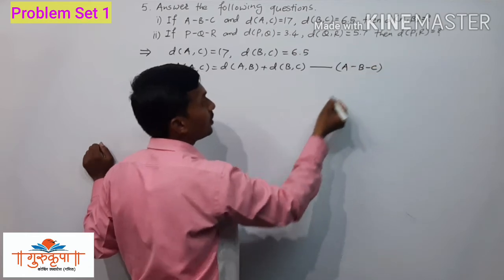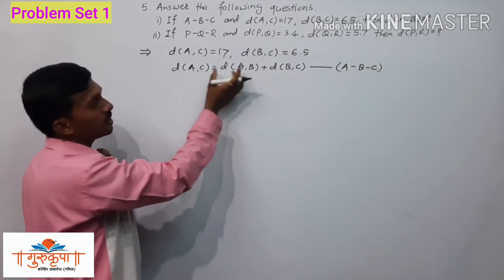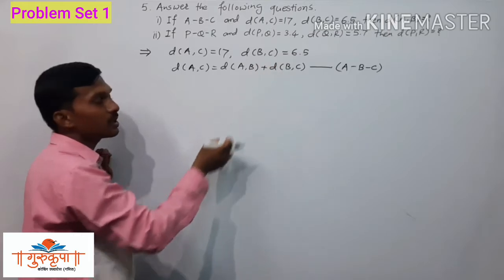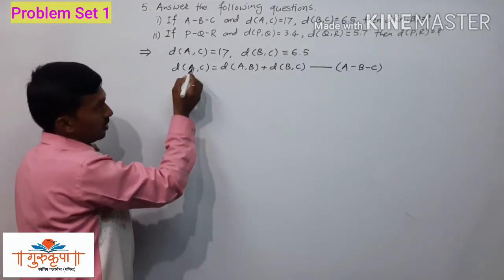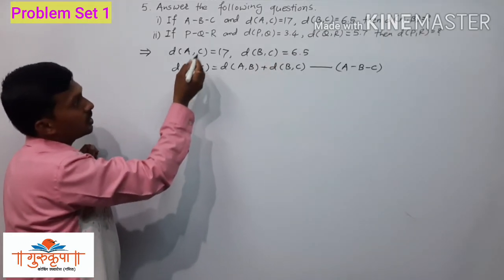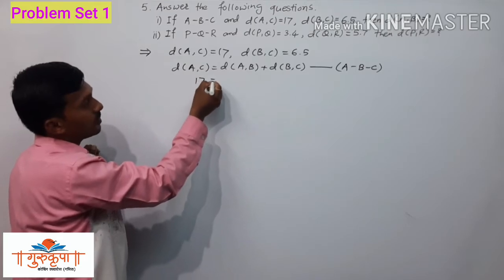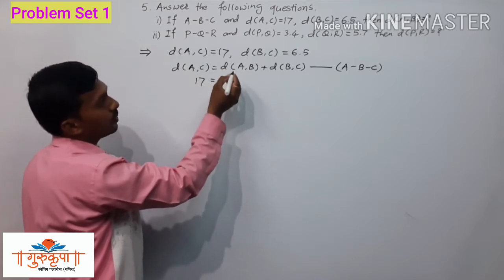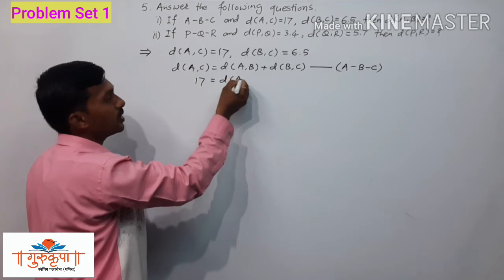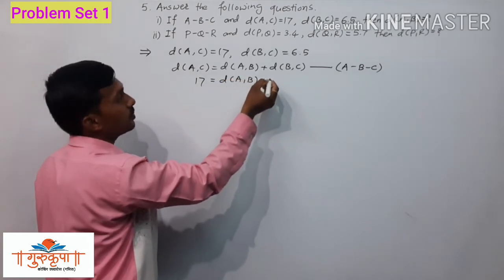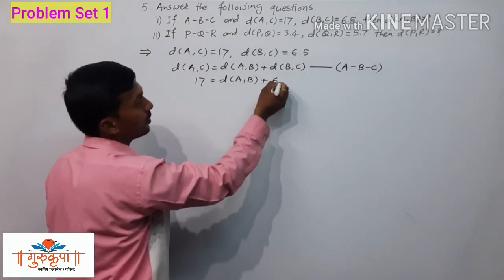Using this relation of betweenness, we can write distance AC is equal to distance AB plus distance BC. So here we have to put the values. Distance AC is given 17, distance AB we have to find, so we will write distance AB as it is, plus distance BC is given 6.5.